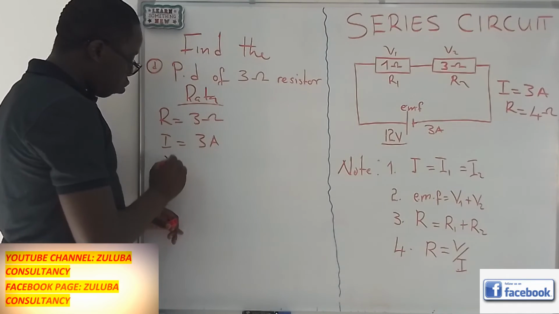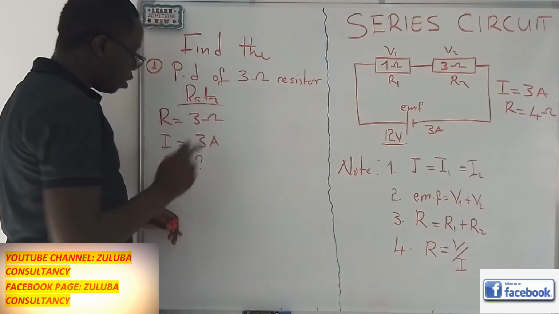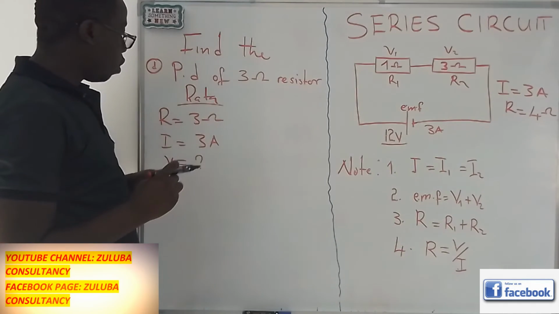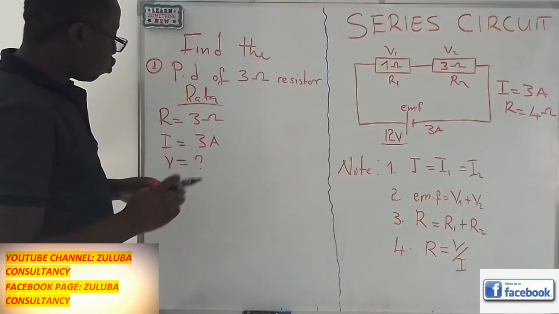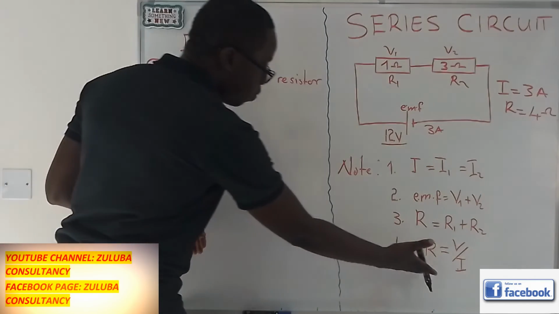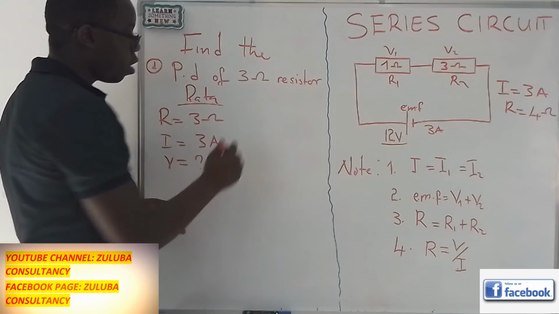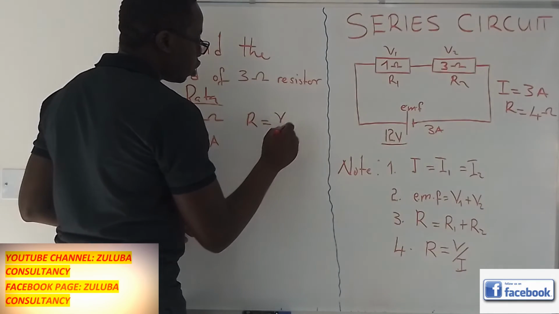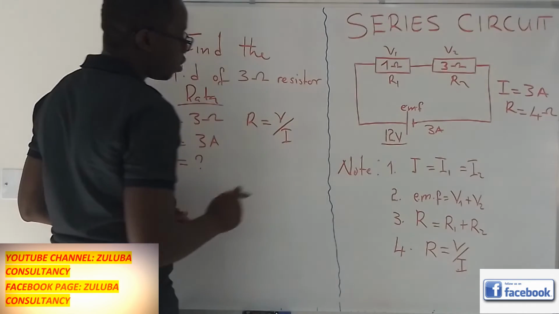When we have these two, we have been asked to find the voltage, which is passing the second resistor. So you find that Ohm's law again comes to play, where we are saying resistance is equal to voltage divided by current.